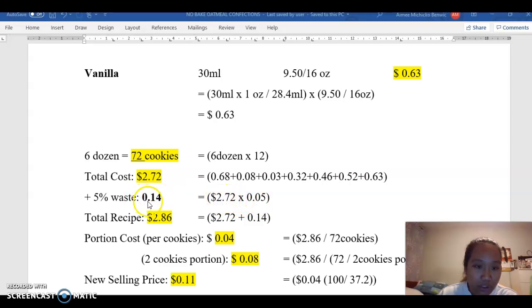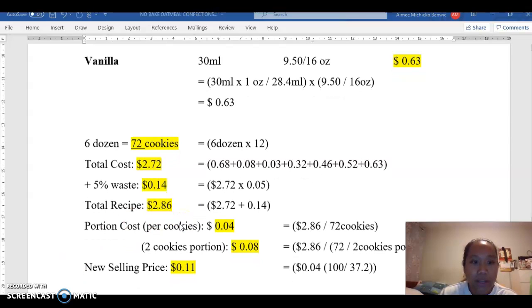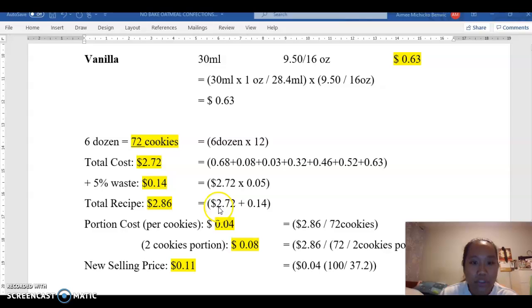So the answer is 14 cents. To get the total recipe cost, we add the total cost, which is $2.72, plus the percent waste, which is 5%. By adding that, we get $2.86 for the total cost of the recipe.